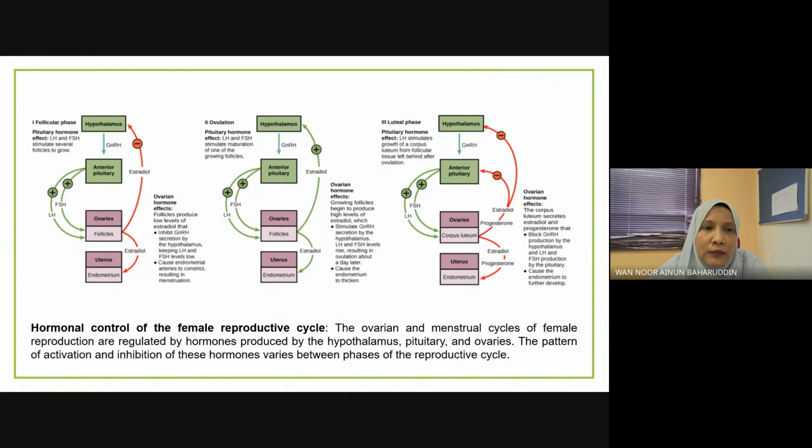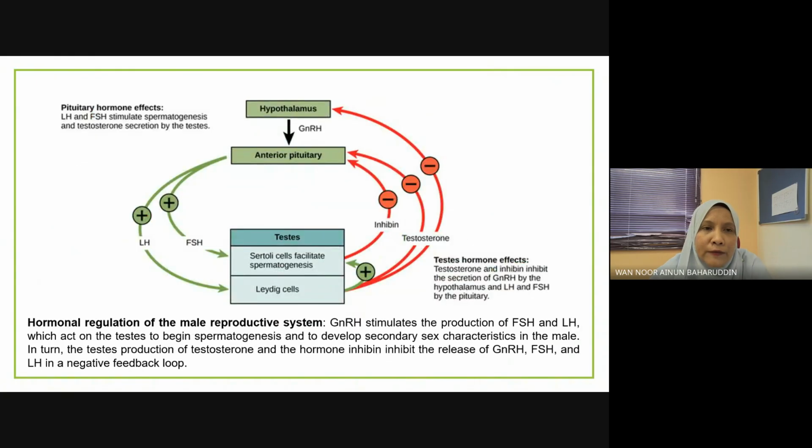It is not only one as in the male. You can see the ones with the plus symbol and the ones with the minus symbol. The minus symbol means it will be inhibited. The plus symbol is what we call activated.